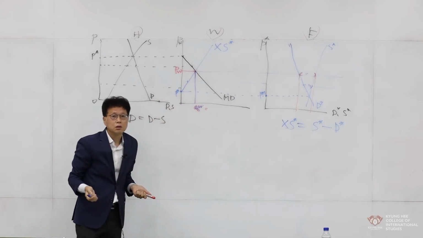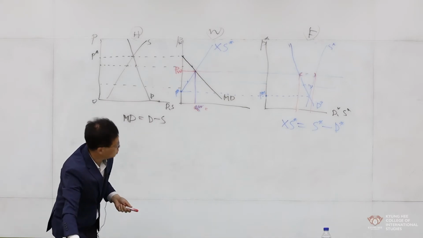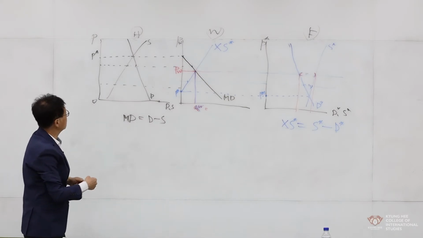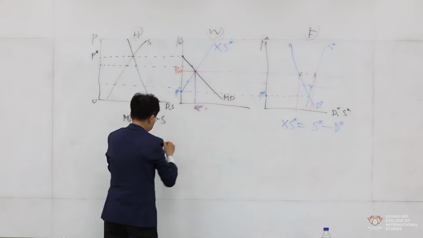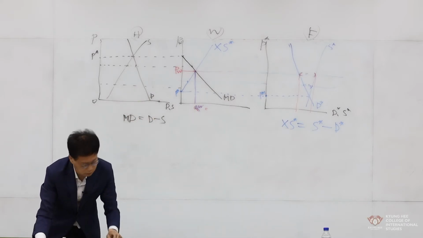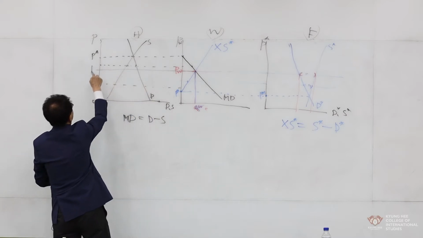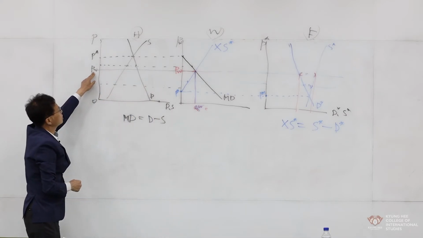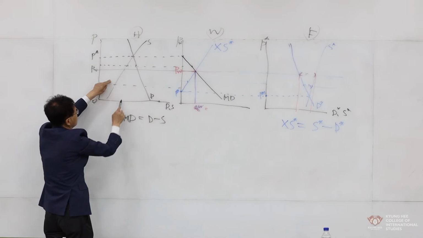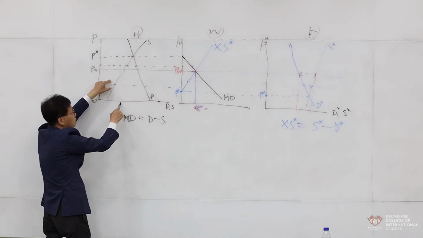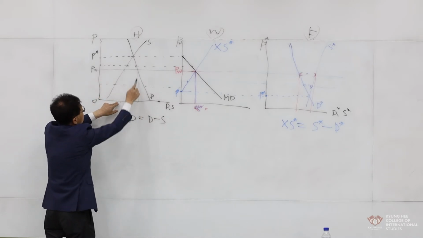Q W. Right? Also now think about it from the perspective of Korea. At P W, the price is here. Then what happened in Korea? Domestic production of agricultural goods is this amount, but consumers demand a larger amount.